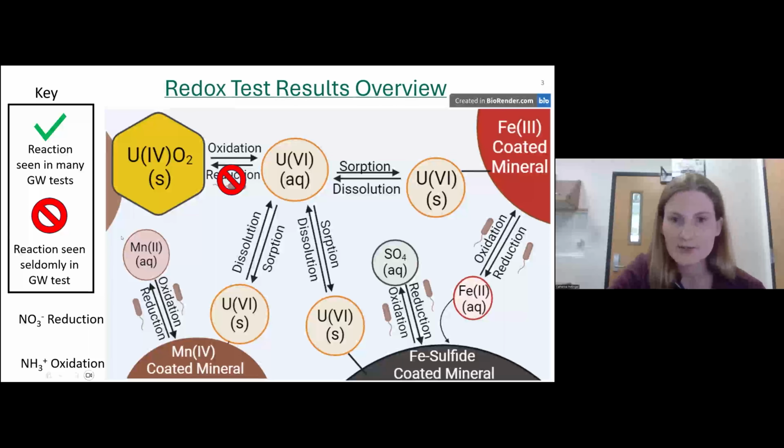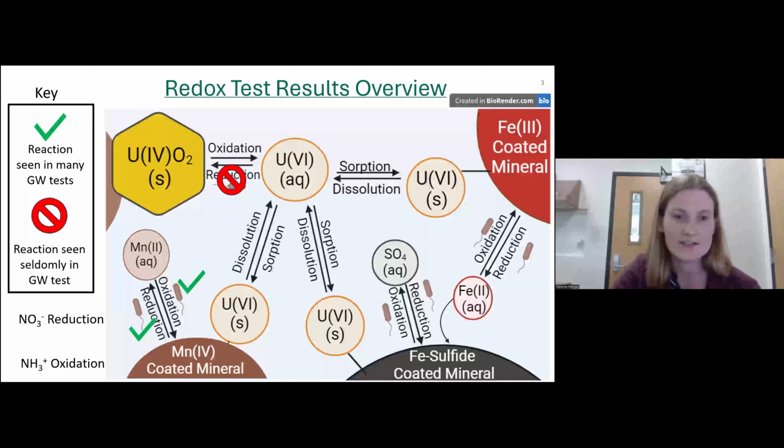So then uranium can also absorb or stick to lots of different coated minerals. Although those are usually abiotic processes, the formation and dissolution of the coatings are often contributed to by biotic processes. So for example, we're going to work left to right.